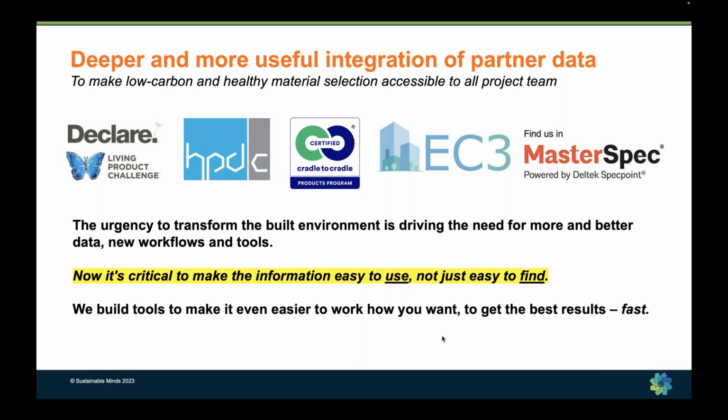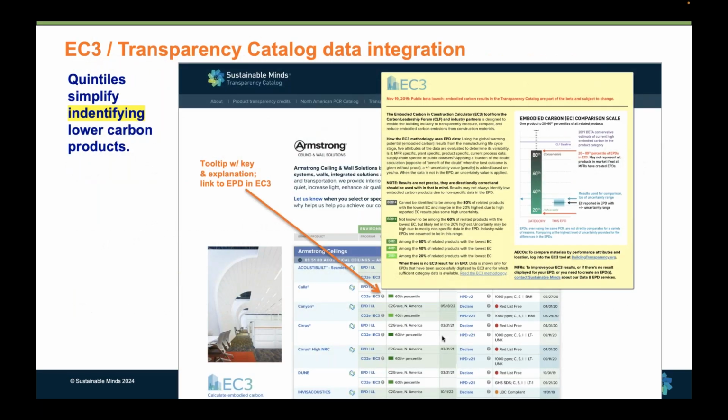And so that's our goal with all of our data partners to support this larger goal of making low carbon healthy material selection accessible to all project team members. So it's our intent to make information easy to use, not just easy to find. And that's what this relationship with EC3 has always been about.